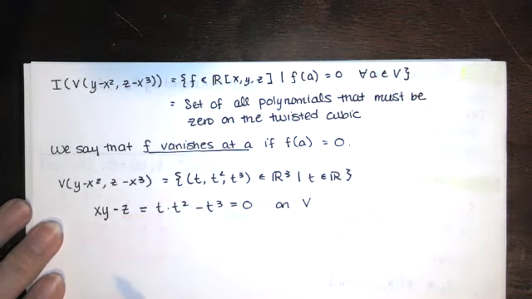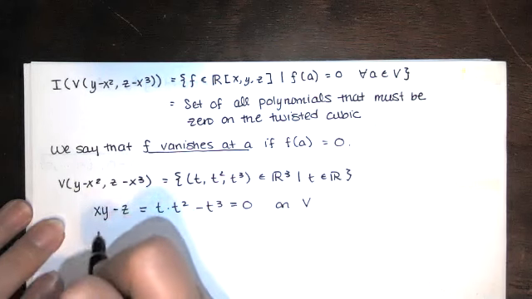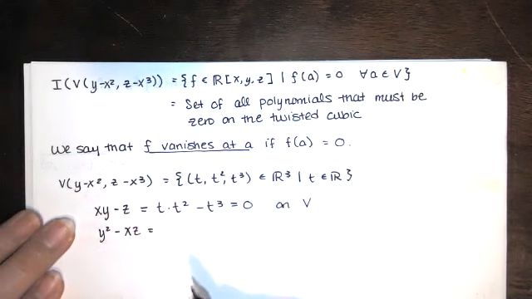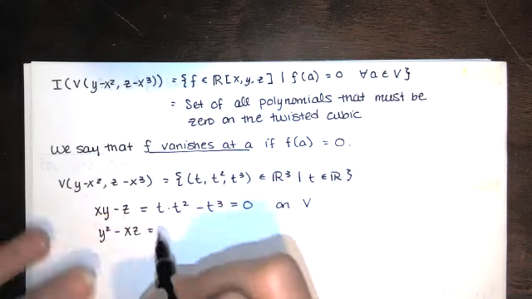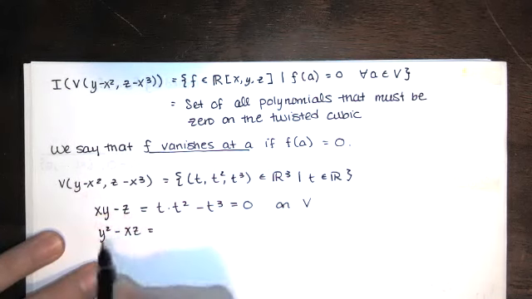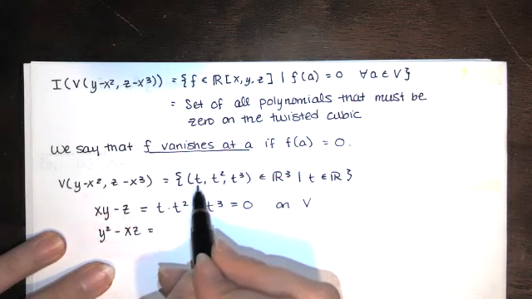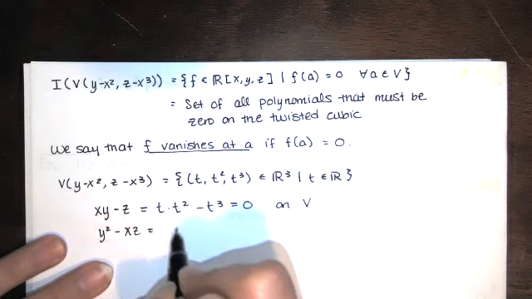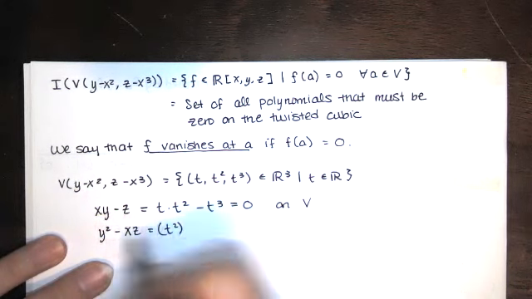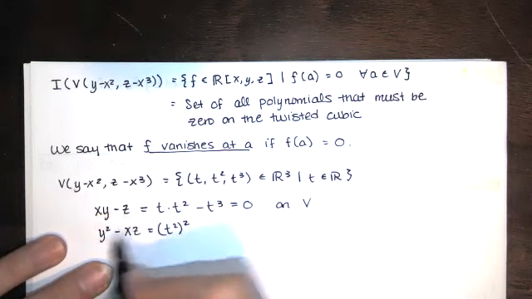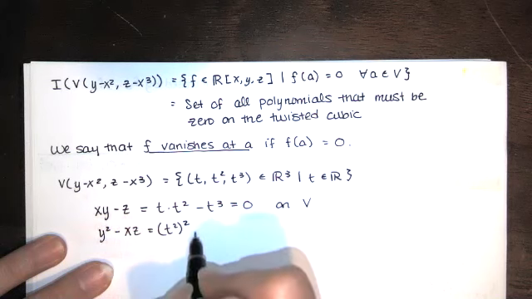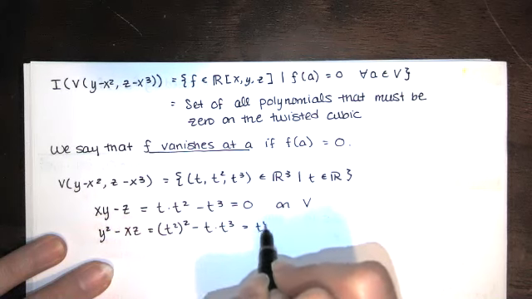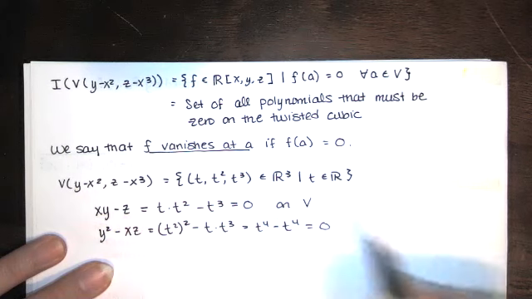Another polynomial function that would equal 0 is y squared minus x times z. That is equal to 0 when x is equal to t, y is equal to t squared, and z is equal to t cubed, because if I take y and square it, that's t squared squared, and then I subtract t times t cubed, well, that's t to the fourth minus t to the fourth, so that's 0.